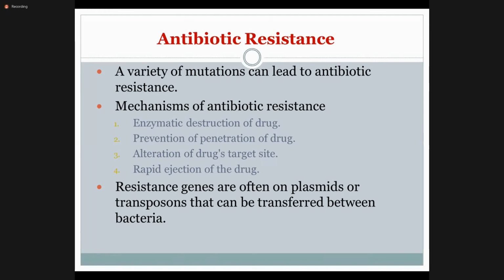So again, you must think just like human beings: microorganisms also start thinking how we can get rid of these compounds which are coming inside the cell and are going to destroy us. So one of the mechanisms is the efflux pump.